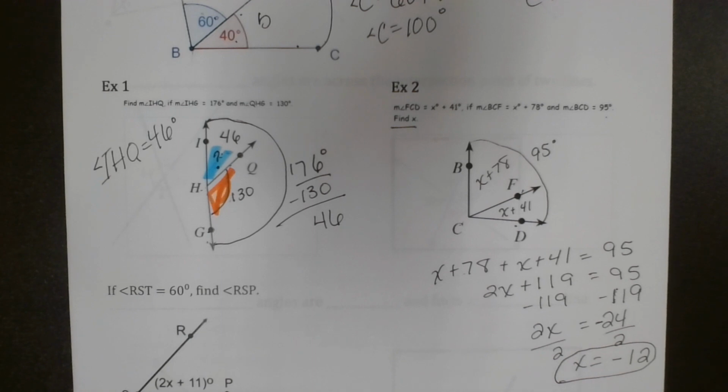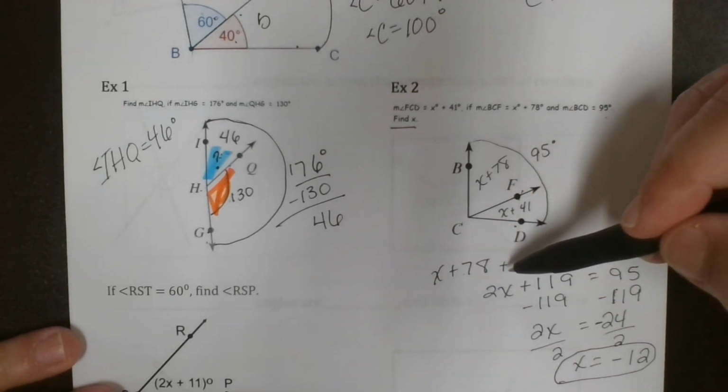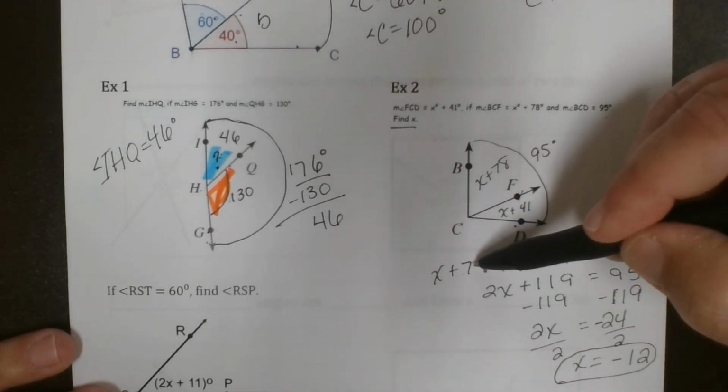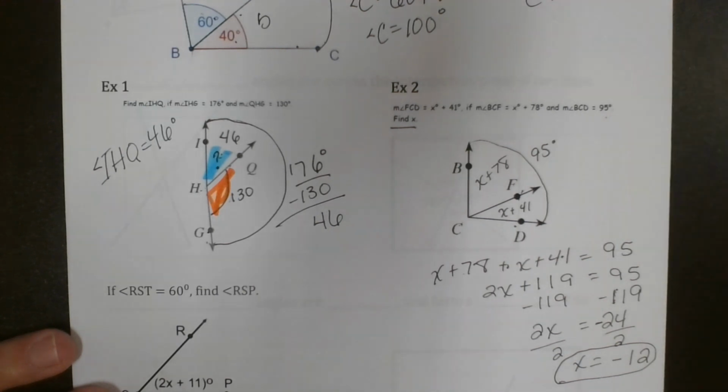What is not okay is to have a negative angle measure. Can't have a negative 50 degrees. Can't do it. But you can have a negative x value. In fact, if I put negative 12 here and here, that would be this plus this minus 24, which would be 95. Works out just fine.